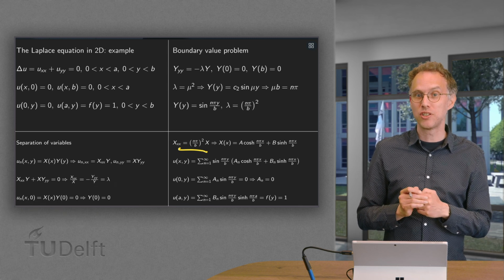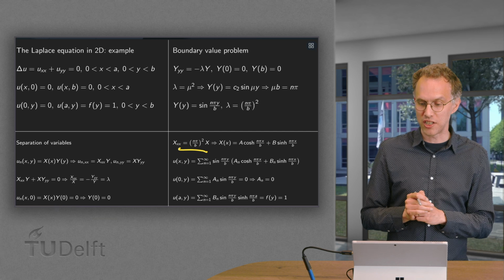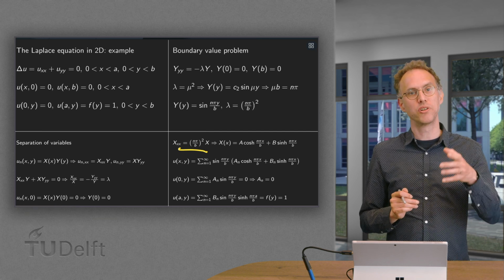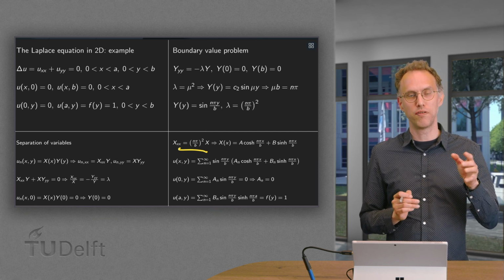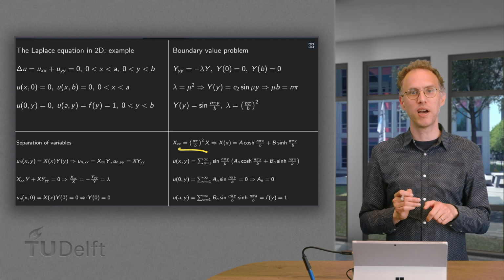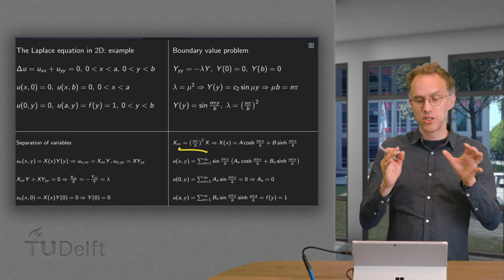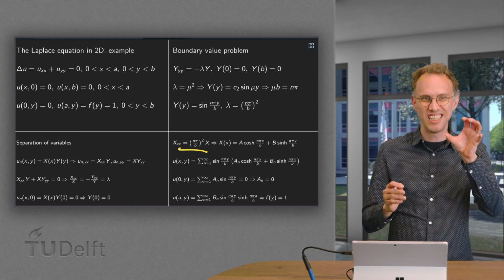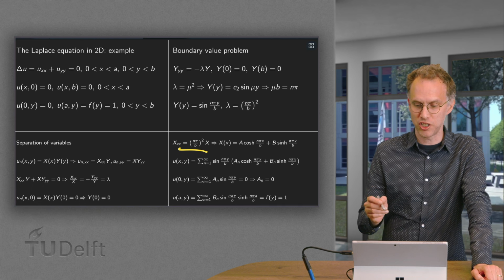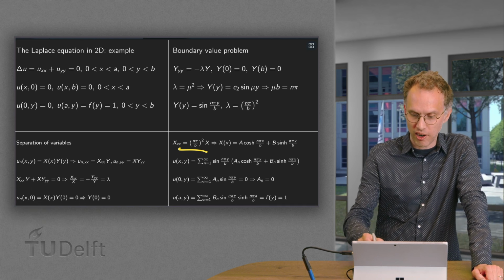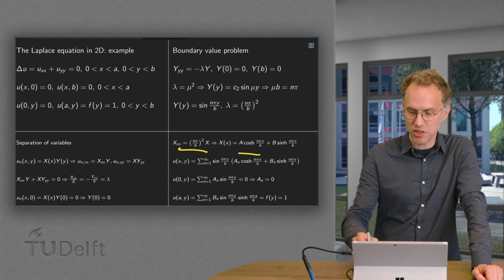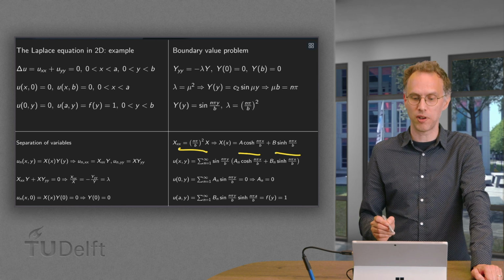Now it's convenient to use here the cosine hyperbolic and the sine hyperbolic instead. So cosine hyperbolic of x equals (e^x plus e^-x) over 2, and sine hyperbolic equals (e^x minus e^-x) over 2. So it's convenient to use these combinations instead of the pure exponentials, as you will see in the next step. So our X(x) equals A times the cosine hyperbolic plus B times the sine hyperbolic.